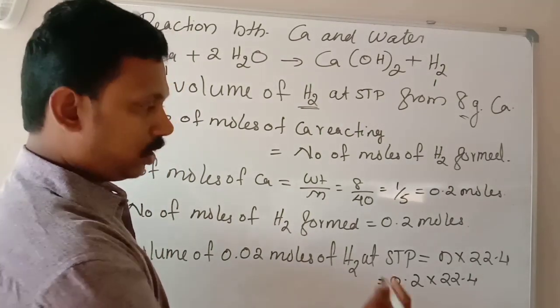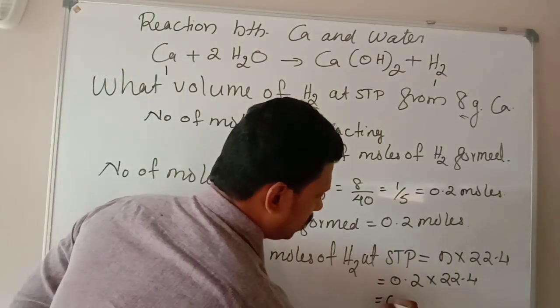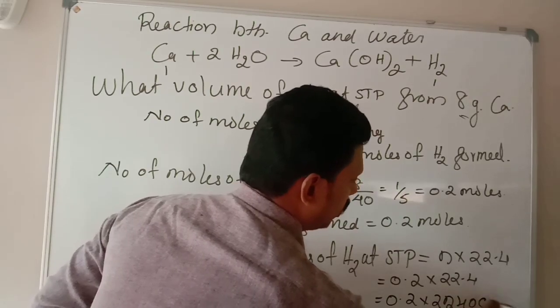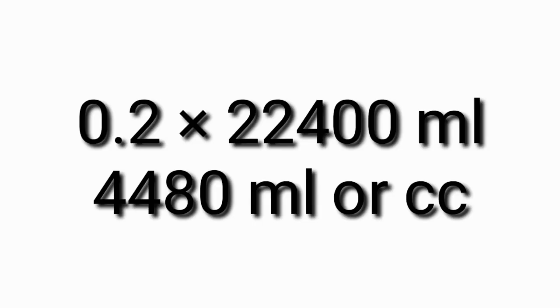So we have to convert this one into ml. That becomes 0.2 into 22400 ml. Here the volume is given in ml or centimeter cube. So we have to multiply the number of moles 0.2 with 22400 ml, and we will get the answer as 4480 ml or centimeter cube.